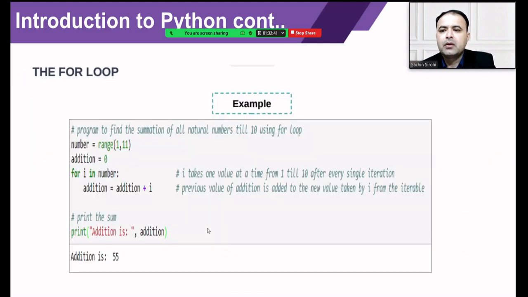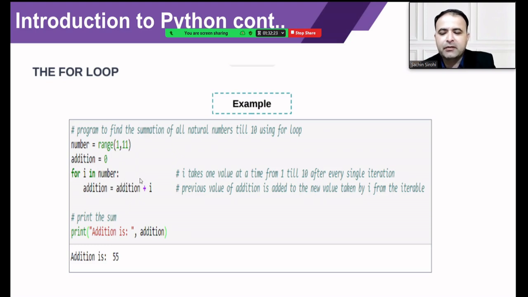So now the question. The for loop I have discussed earlier. Now it's the range function which I have discussed here. You can also pass here the addition as 0, and you can run the particular loop 1 to 11.